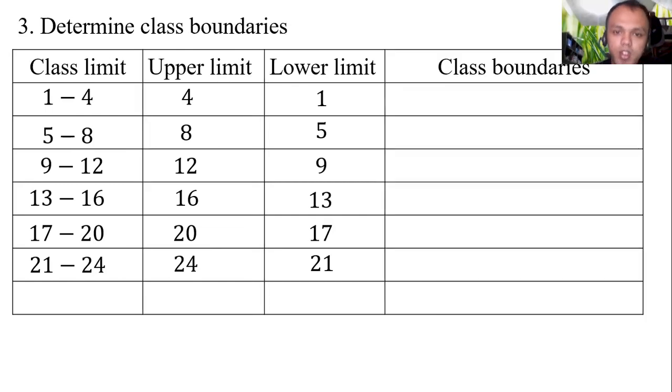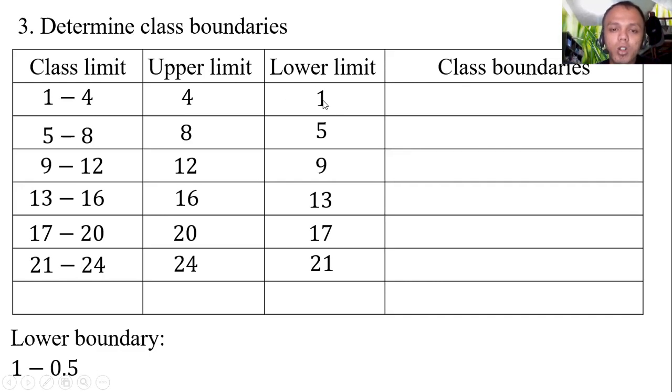And then, after natin ng class limit, and then yung upper and lower limit, class boundaries naman. How can we find the class boundaries? Okay, for lower boundary, lower limit minus 0.5. So here, sa first class natin, ito yung lower limit sa first class, 1.